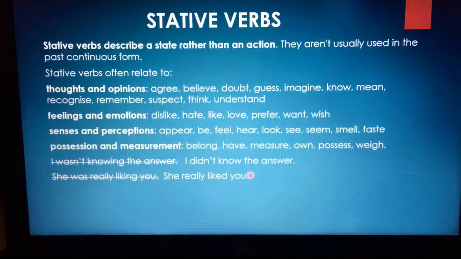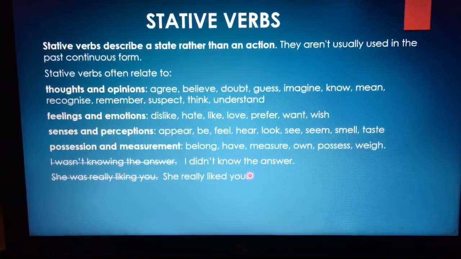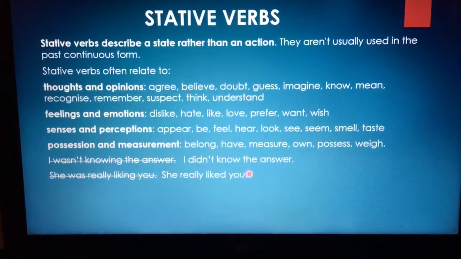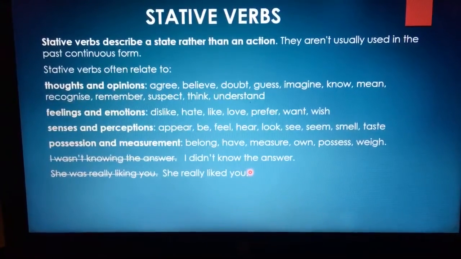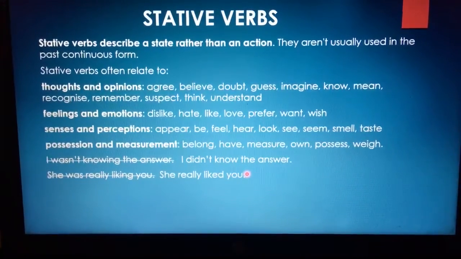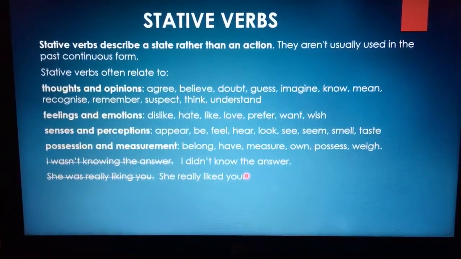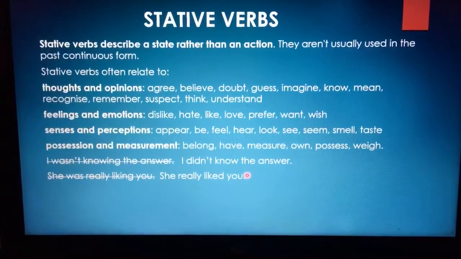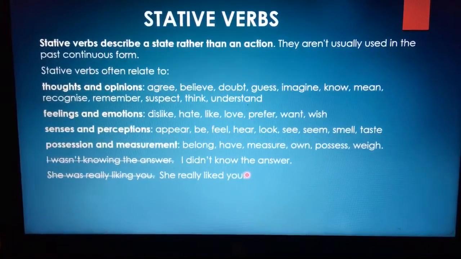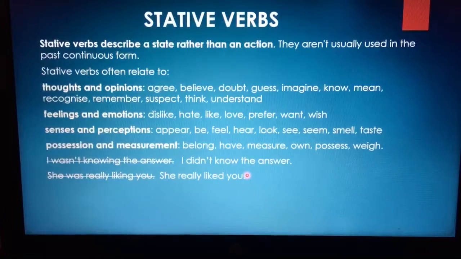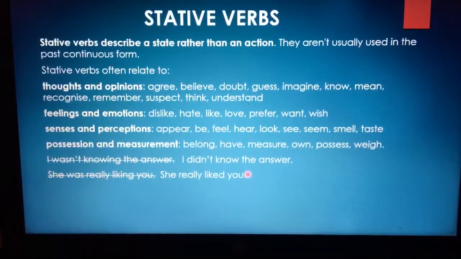Another group of verbs are senses and perceptions, such as appear, be, feel, hear, look, see, seem, smell, taste. These verbs are related to senses and perceptions, and again, they're not really actions.